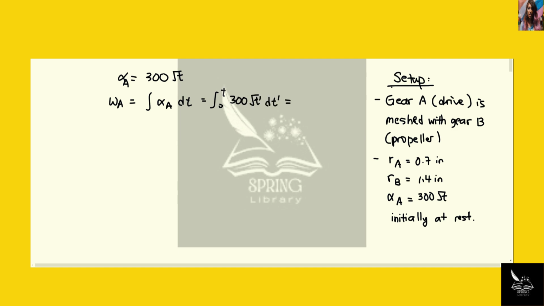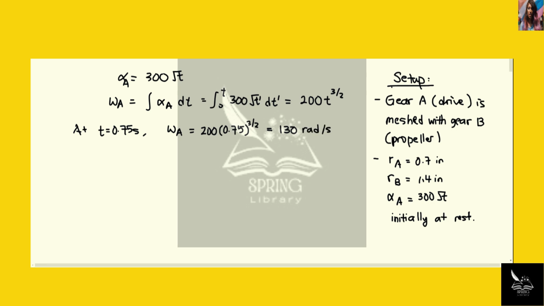Integrating 300 square root t' dt' from 0 to t, we get 200 t to the 3/2. Then at t equals 0.75 seconds, omega A is 200 times 0.75 to the 3/2, which is 130 radians per second.